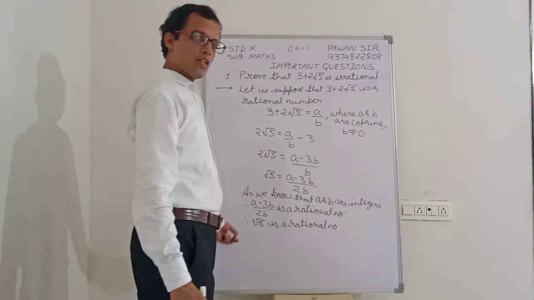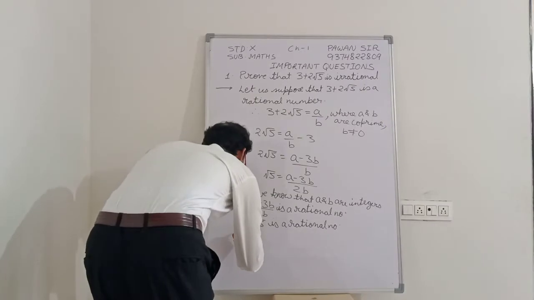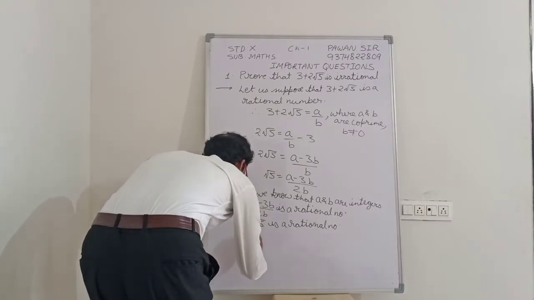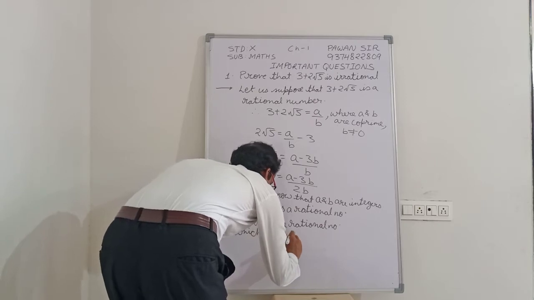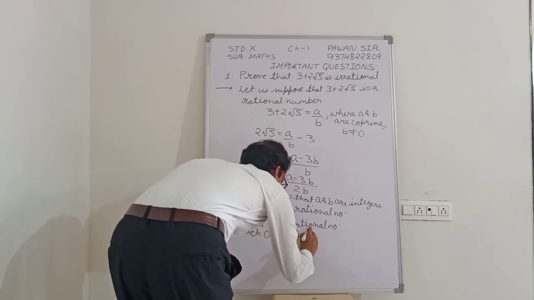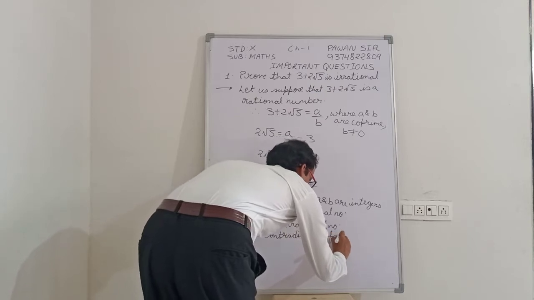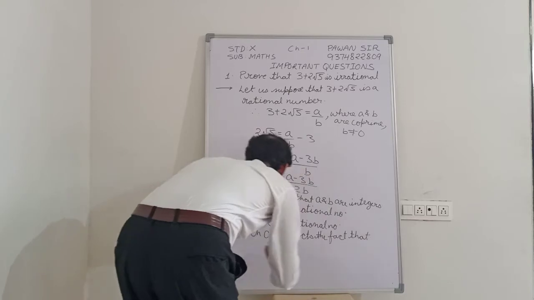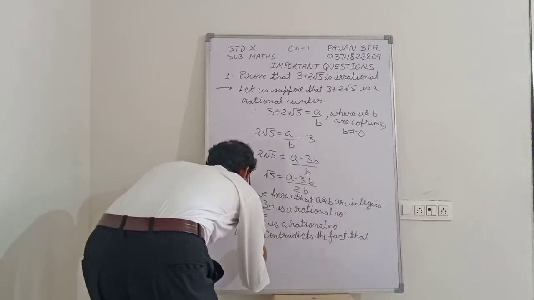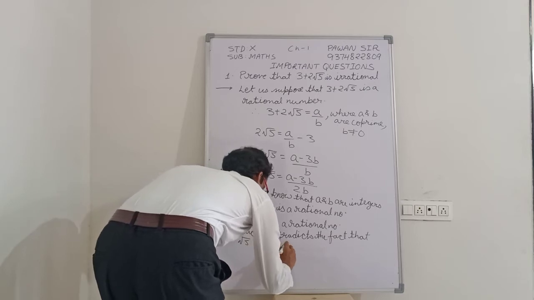This is a contradiction to the fact that root 5 is an irrational number, which contradicts the fact that root 5 is an irrational number.